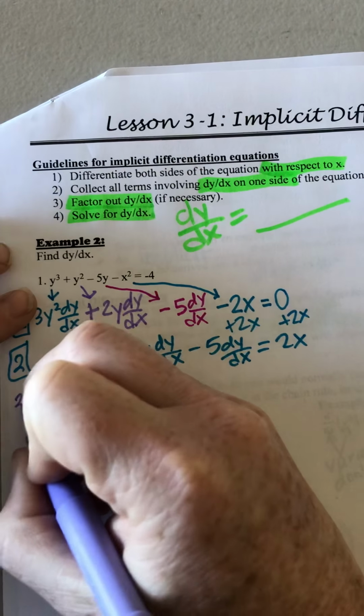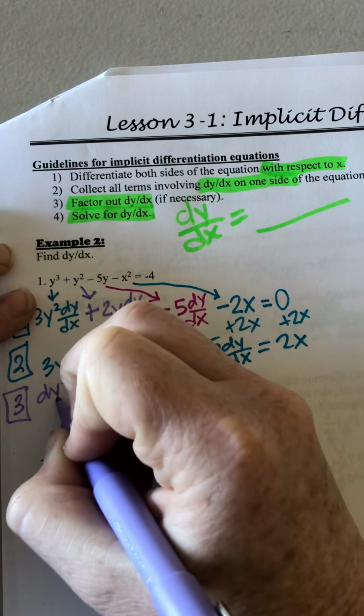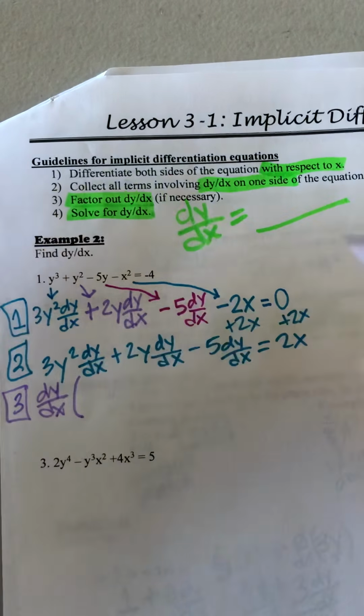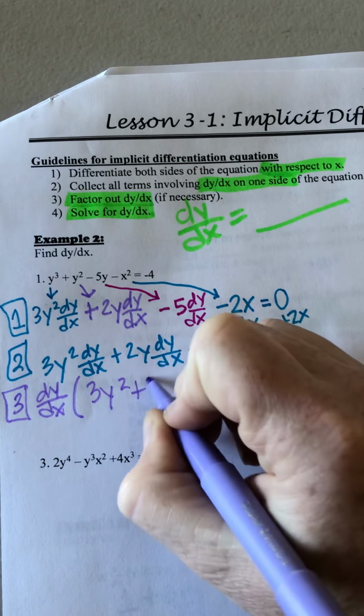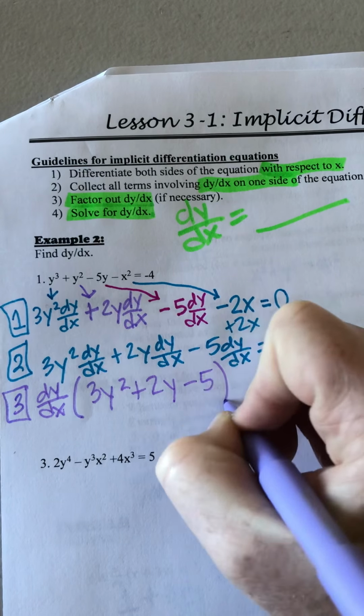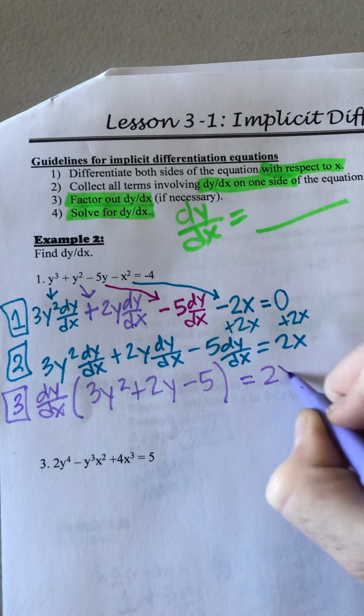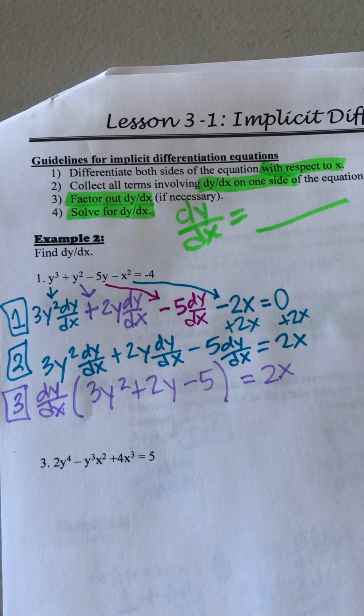All right, step 3, I'm going to factor out dy/dx. So that will give me 3y squared plus 2y minus 5 on the left, and it still equals 2x.